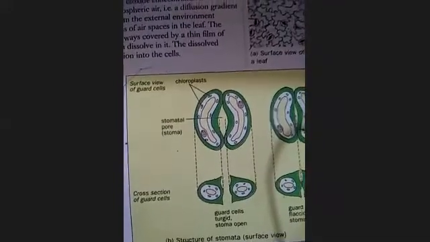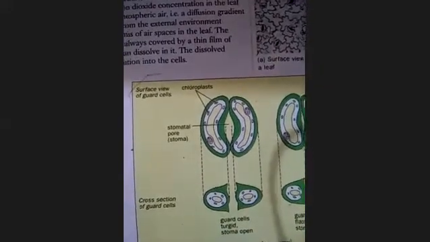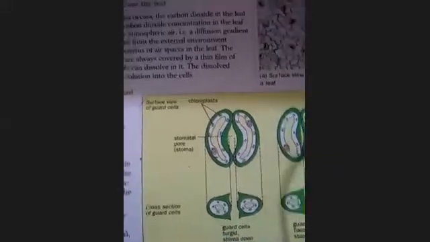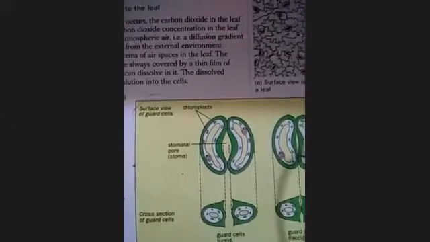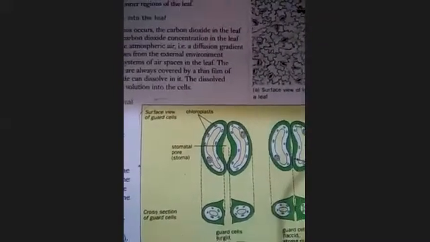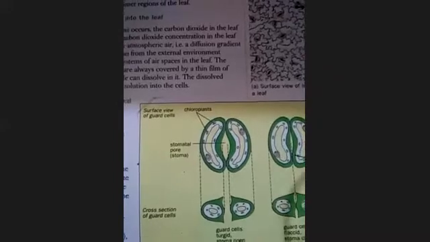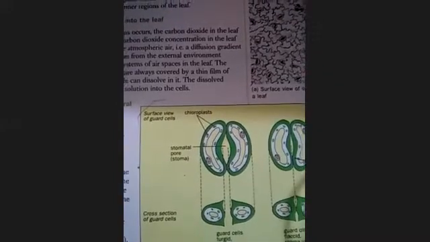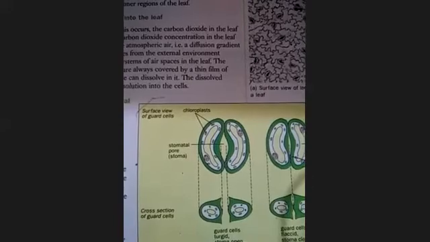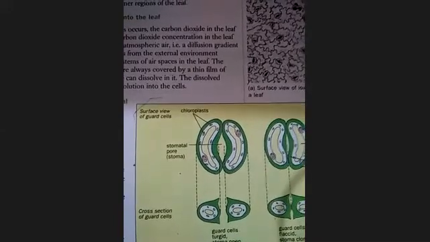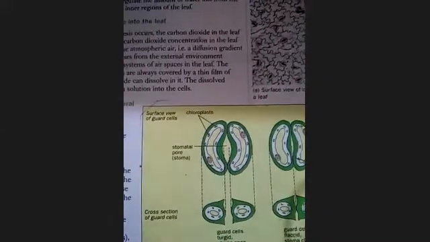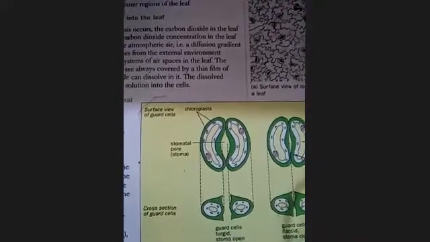What happens, according to one theory, is that in these guard cells, the potassium concentration increases, and because of this increase in potassium ions, the water potential inside the guard cells decreases, as a result of which water started to move from the different cells finally to the guard cells.